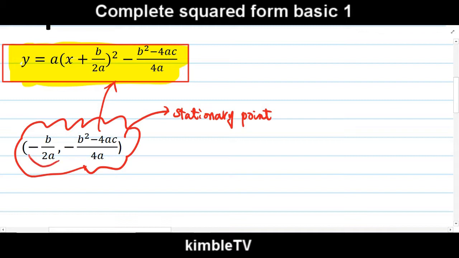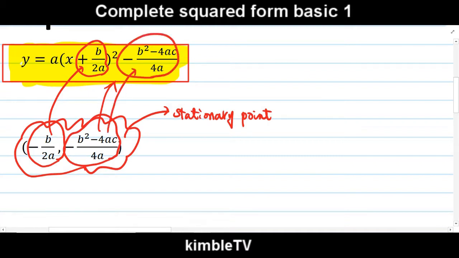And this part, the x-coordinate part, came from this, and the y-coordinate part came from this part. Anyway, I'm quite often confused in substituting appropriate numbers into this formula.